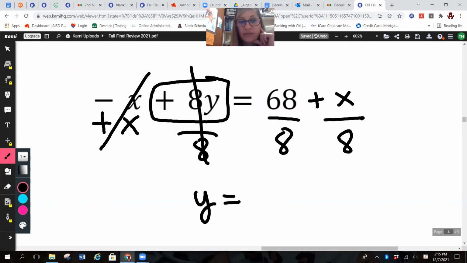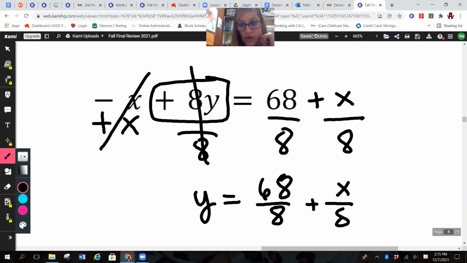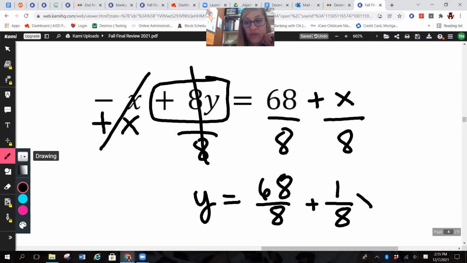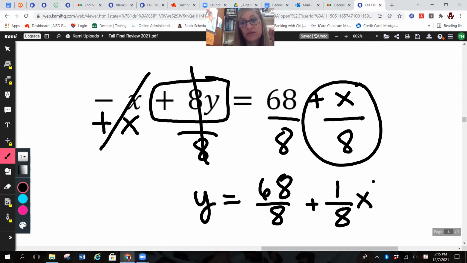So the 8's cross out. I'm being lazy. I don't feel like reducing. You can write this as x divided by 8 or 1/8 with an x to the side. Both of these are acceptable in Desmos.